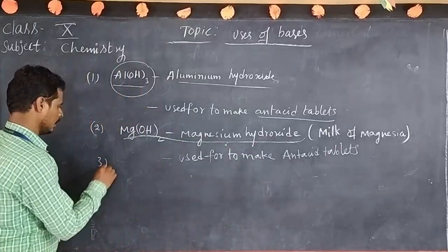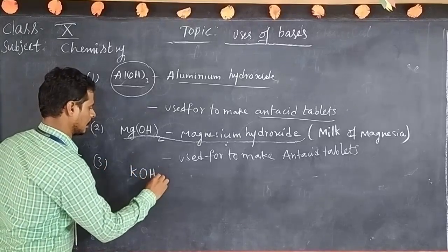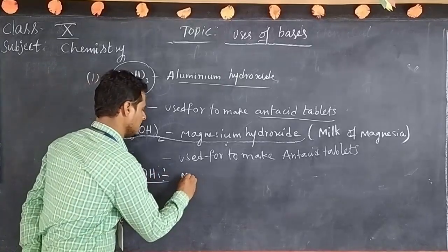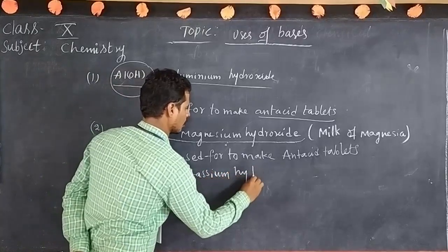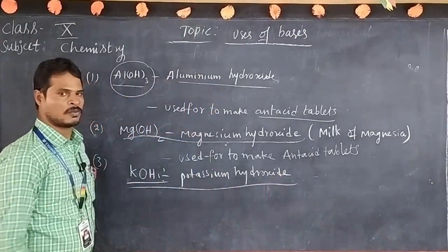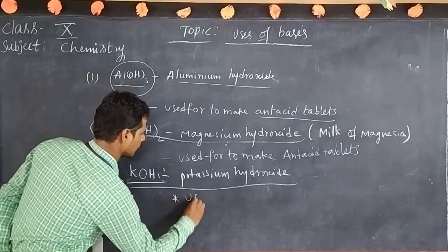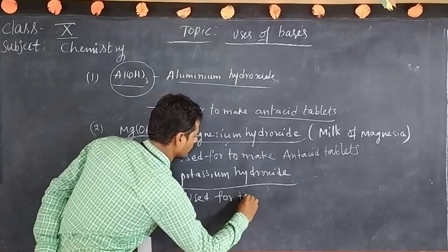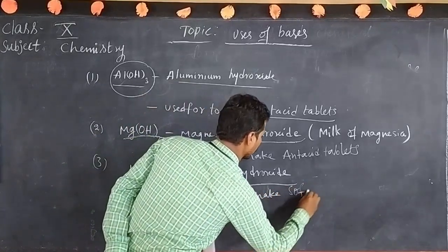Next, third one is potassium hydroxide. The name is potassium hydroxide. What is the use of potassium hydroxide? It is used to make soft soap.